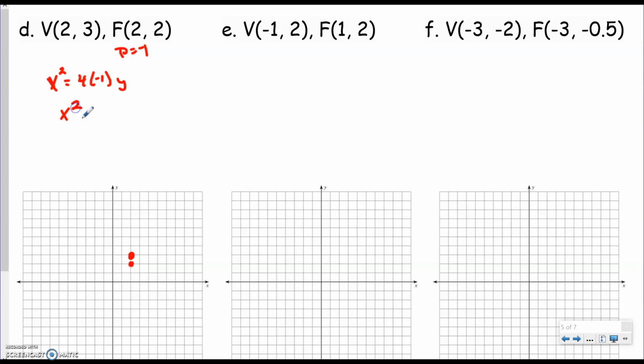So my equation is x squared equals negative 4y. My directrix here is above, so that's y equals 4. And my length of my latus rectum is 4, so I need 2 on each side. So these are points on the parabola.